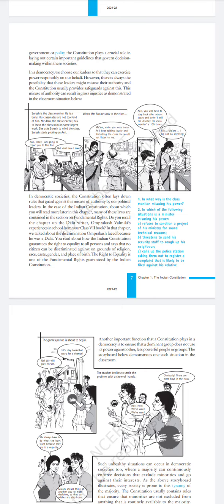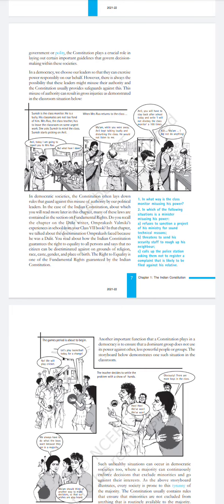In a democracy, we choose our leaders so that they can exercise power responsibly on our behalf. However, there is always the possibility that these leaders might misuse their authority, and the Constitution usually provides safeguards against this. This misuse of authority can result in gross injustice as demonstrated in the classroom situation below.